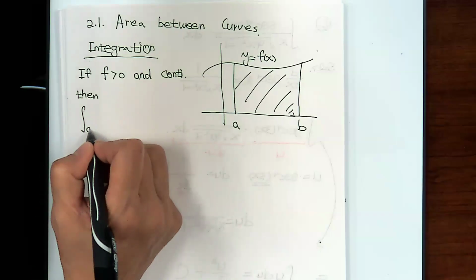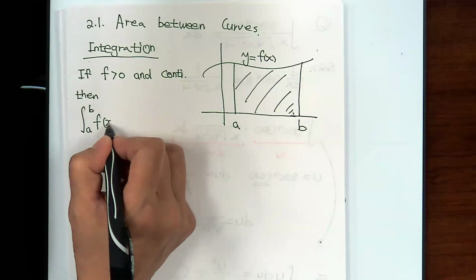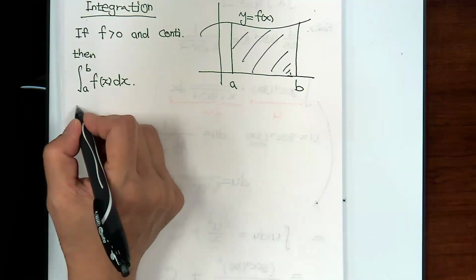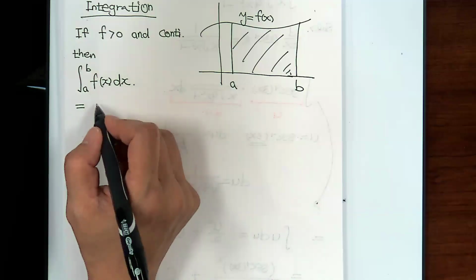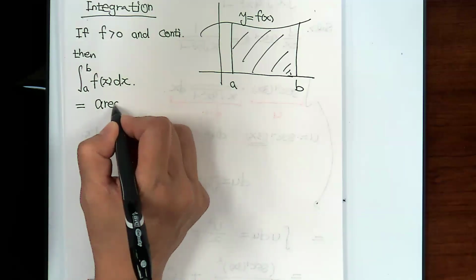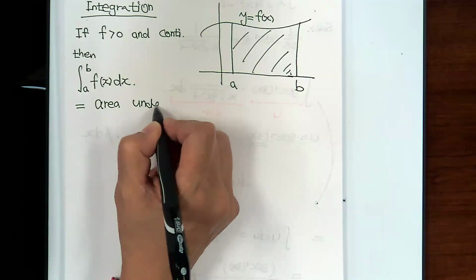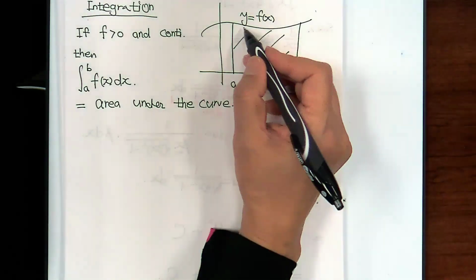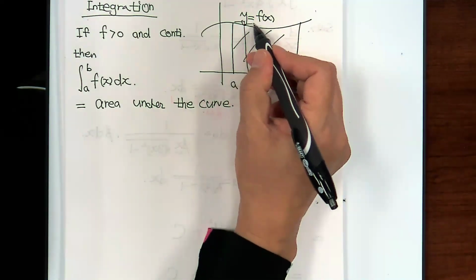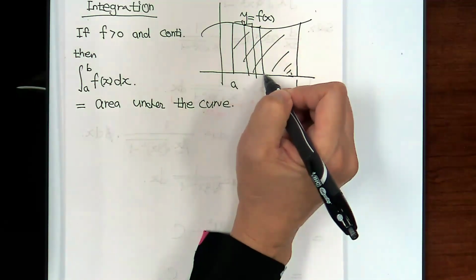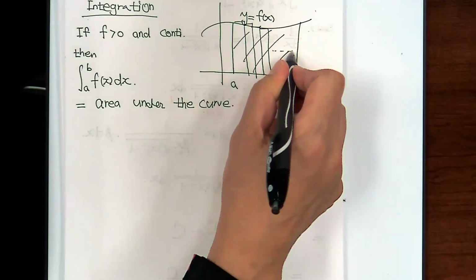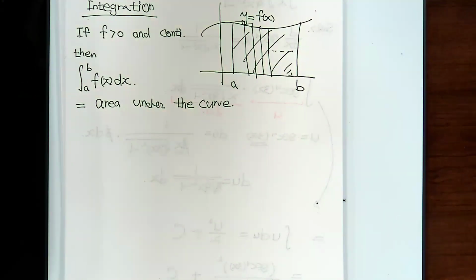Then the integral from a to b of f of x dx could be regarded as the area under the curve. You know how that was developed? We thought about rectangles and added the rectangles, and we made the rectangles thinner and thinner. And then that approaches the area under the curve.